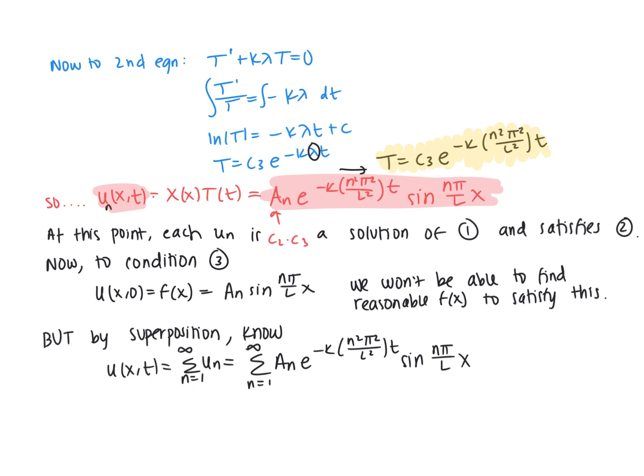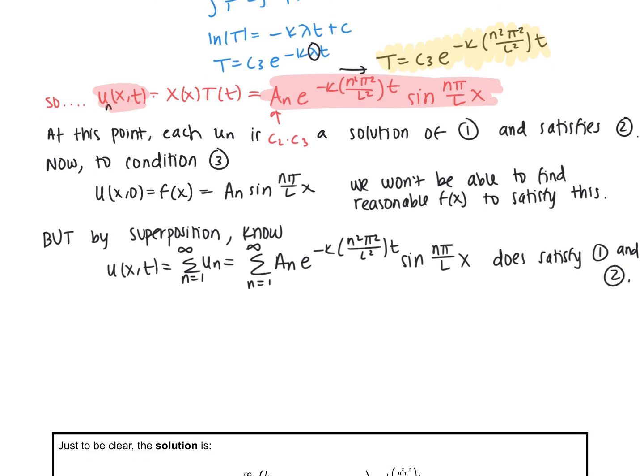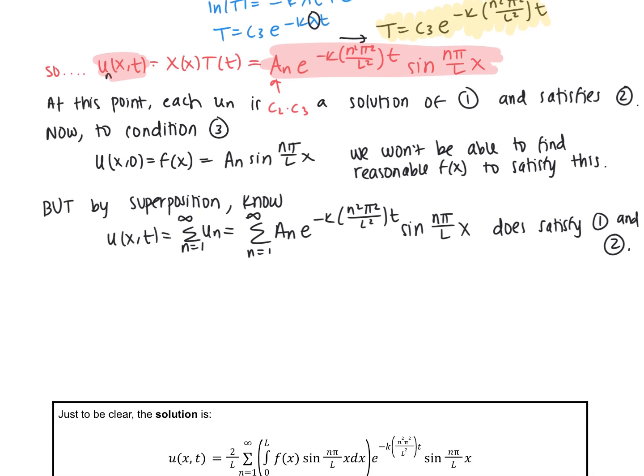So we know that this does satisfy 1 and 2. Okay, well, how is that helpful? So where that leads us to then is that u(x,0), which is equal to our f(x), is really just the sum from n equals 1 to infinity of a_n sine of n pi over L x.